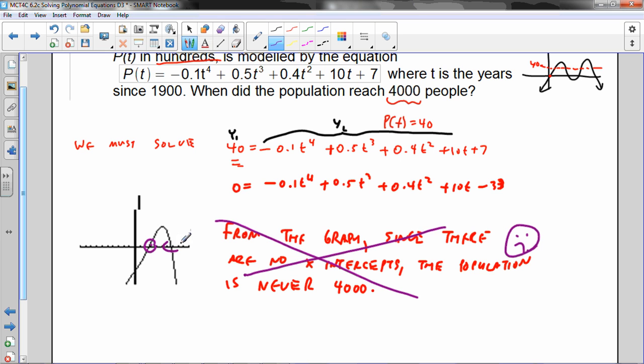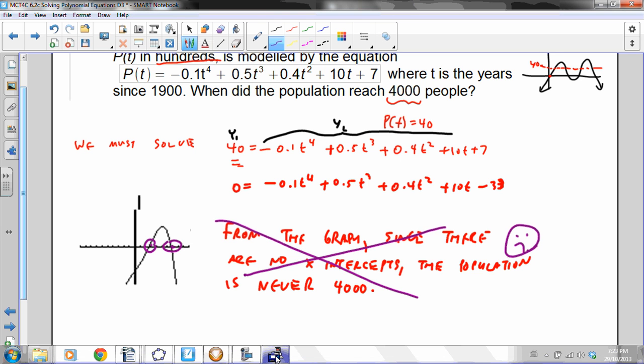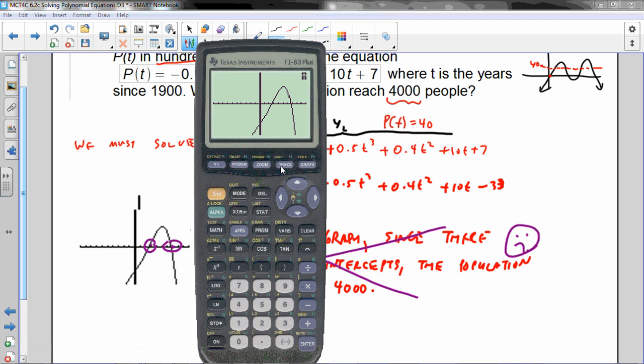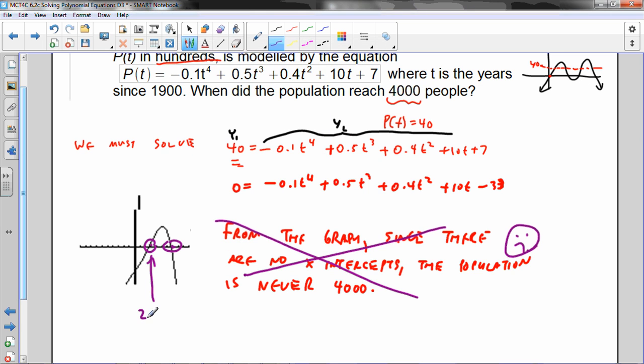So where it does equal 0, that's where we're going to find when the population was 4,000. So let's check it out. Go to the left, go to the right. 2.6 is that one.